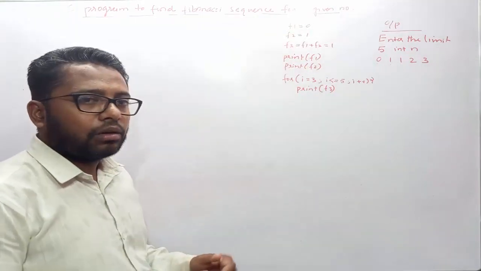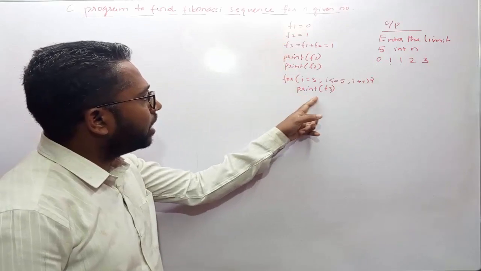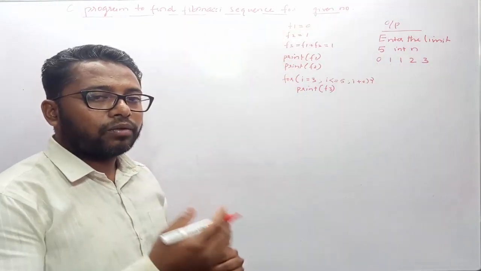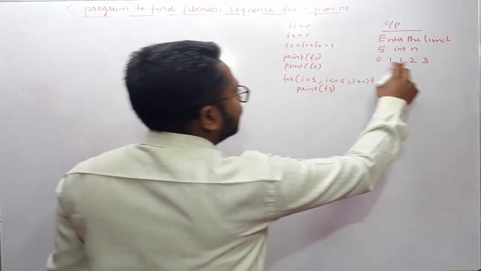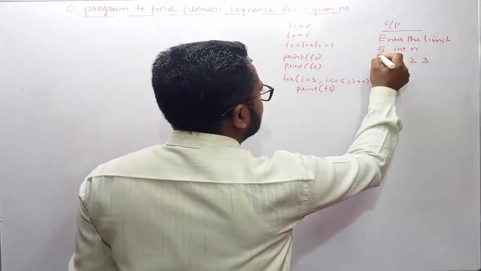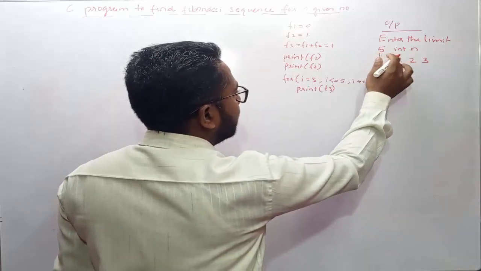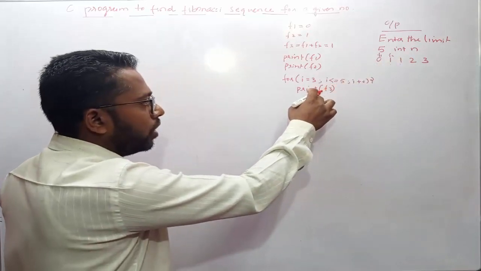Now I have printed out the first values of f1, f2 and f3 also. Next I need to find the new values of f1, f2 and f3. So let us come to this sequence. This was our f1, this was our f2. We add both of these values to get the value of f3, which we have printed inside this for loop.